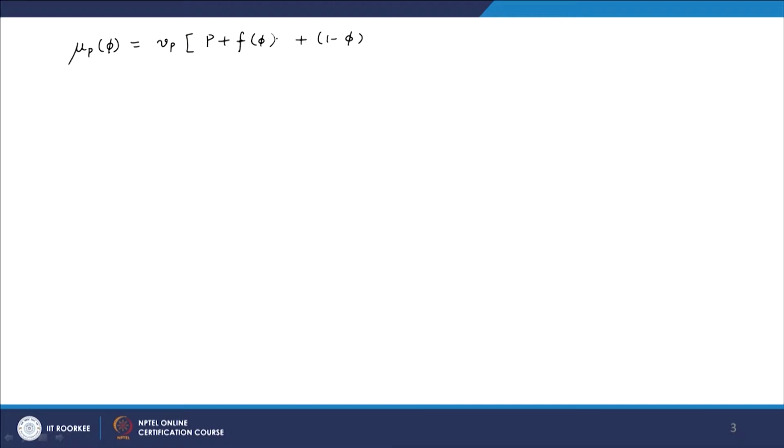I will not put a temperature there, but keep in mind that f is also a function of temperature, because nowhere in the derivation are we going to make any assumption regarding the temperature. We do not assume it is uniform or anything.